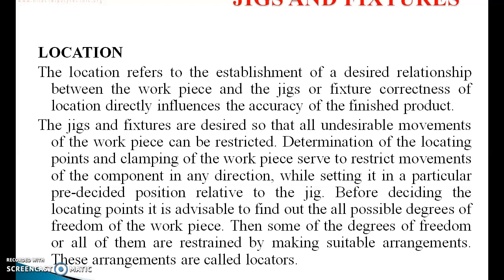Determination of these locating points and clamping of the workpiece serve to restrict movements of the component in any direction, while setting it in a particular pre-decided position relative to the jig. Before deciding the locating points, it is advisable to find out all possible degrees of freedom of the workpiece. Then some or all of the degrees of freedom are retained by making suitable arrangements. These arrangements are called locators.